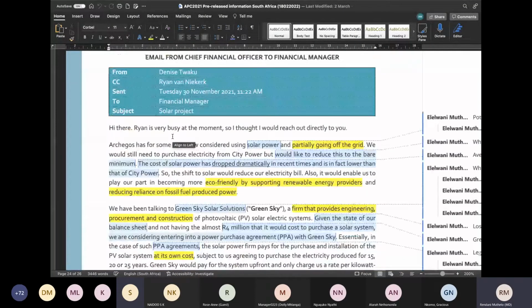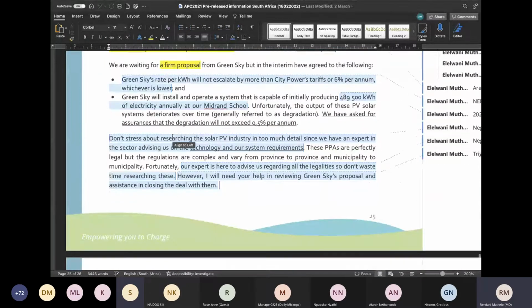Because when Denise sent us the email the first time, she said, don't stress about researching the solar PV industry in too much detail, since we have an expert in the sector advising us on the technology and our system requirements. These PPAs are perfectly legal, but the regulations are complex and vary from province to province and municipality to municipality.